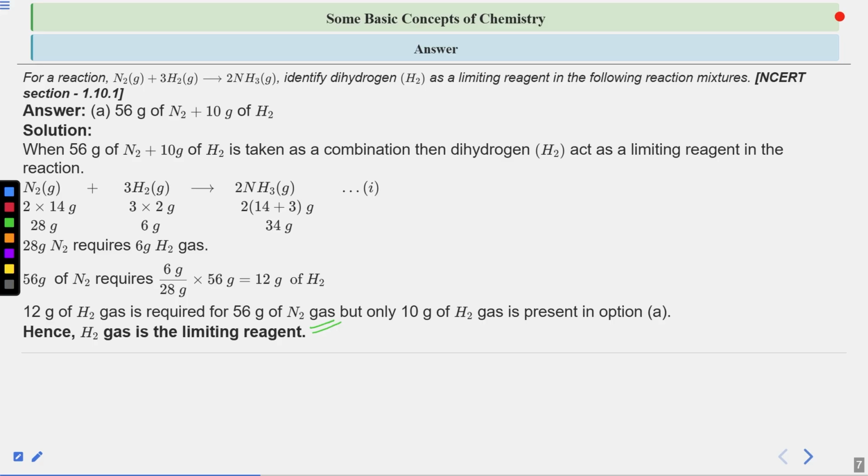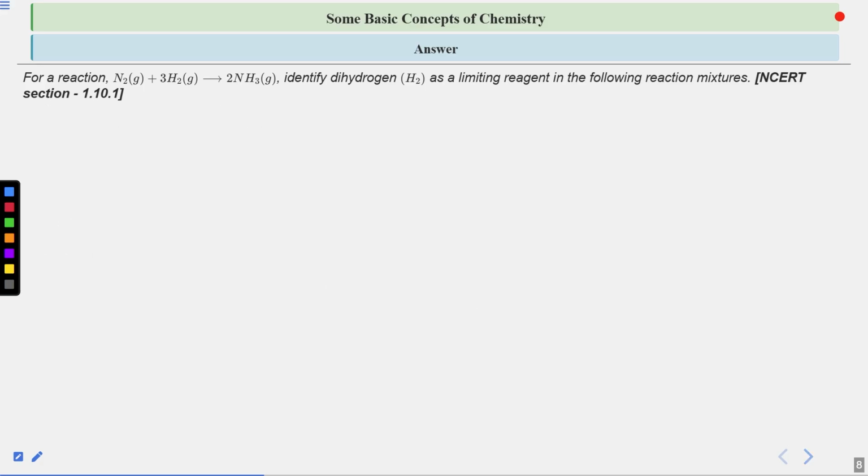Now, let us look at the other options. What about option B? In option B, we are reacting 35 grams of N2 with 8 grams of H2. Again, we know from the equation that 28 gram of N2 requires 6 grams of H2.